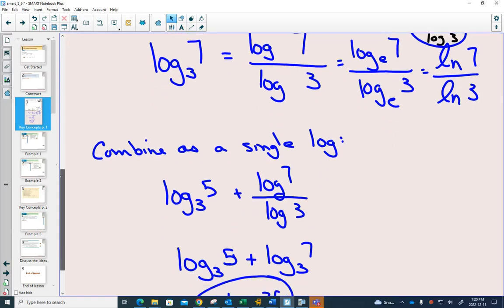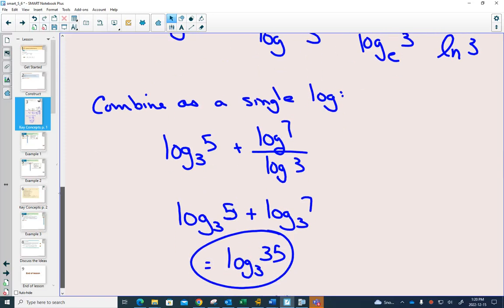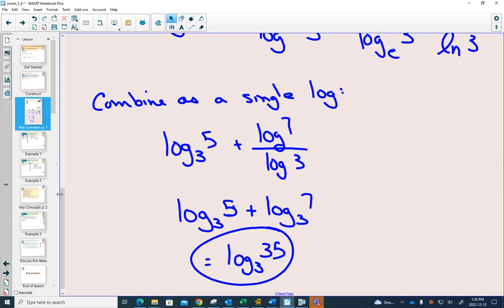We could change that to log base 3 of 7, and now we're almost at a single logarithm. We are down to 2 logarithms. They have the same base, so your log law says if 2 things have the same base and you're adding, you can combine that as multiply. So again, with our log laws, sometimes we like to expand them completely, and sometimes we like to write them as a single logarithm.